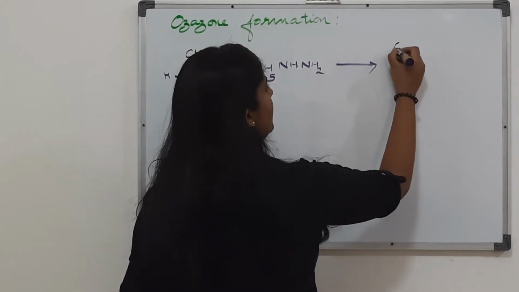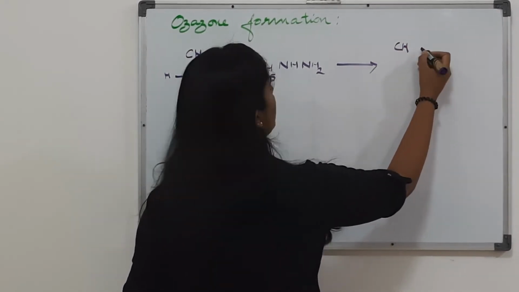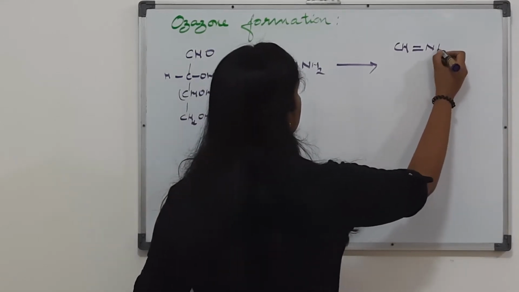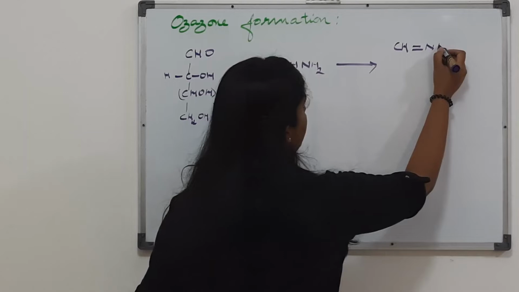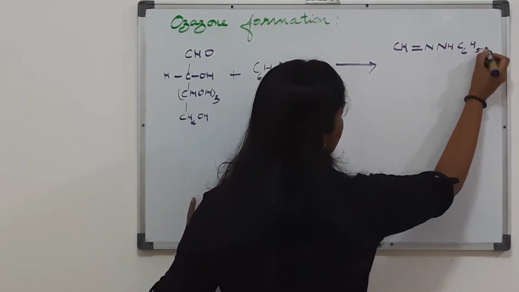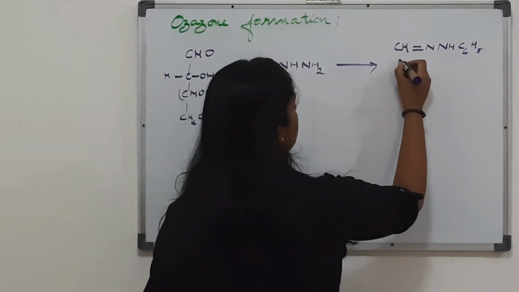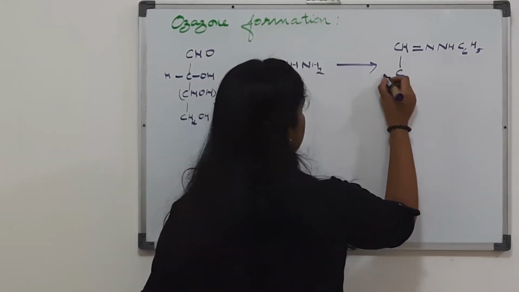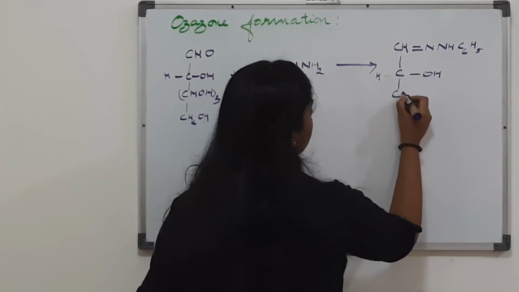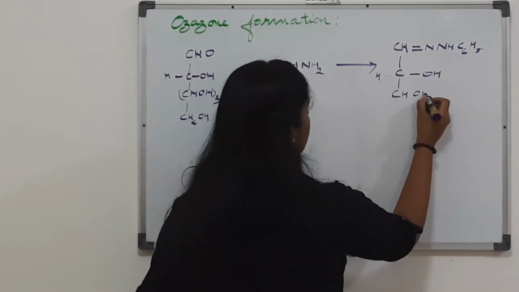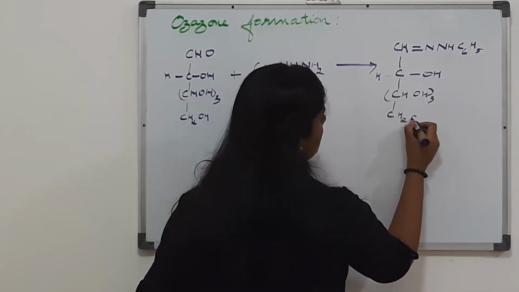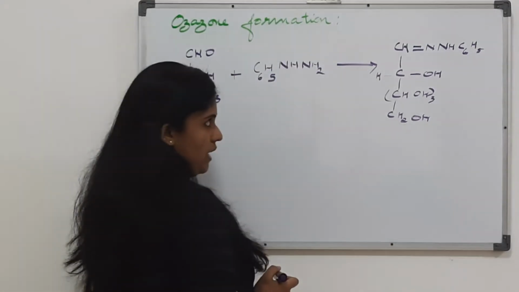This becomes CH double bond N, then NH C6H5, and the remaining portion is there as such, CHOH three times, with the CH2OH. This is the product that we get.